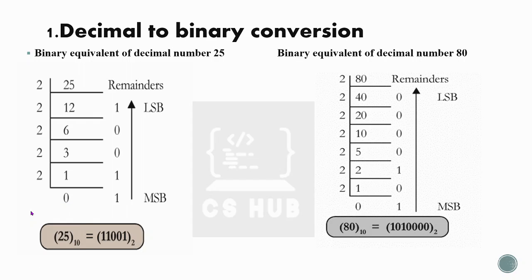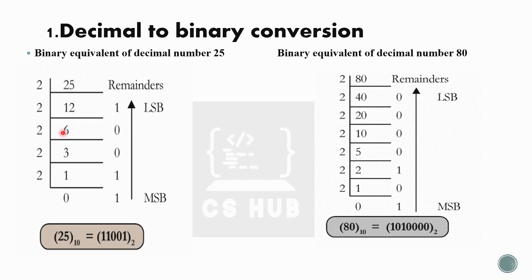Our decimal number is 25 and the first step is to divide the decimal number by 2. 25 by 2, we will get 12 as the answer and 1 will be the remainder. So record this remainder. Then this 12 is again divided by 2. 12 divided by 2, we get 6 as the answer. 6 into 2 is equal to 12, which means 0 is the remainder.